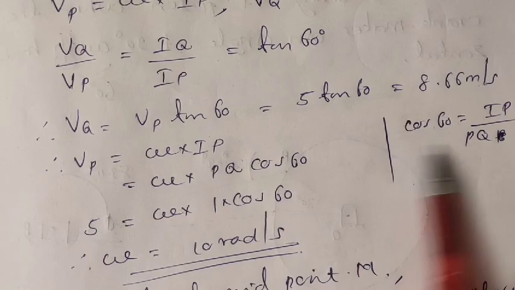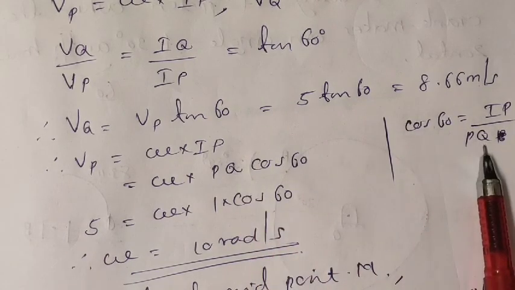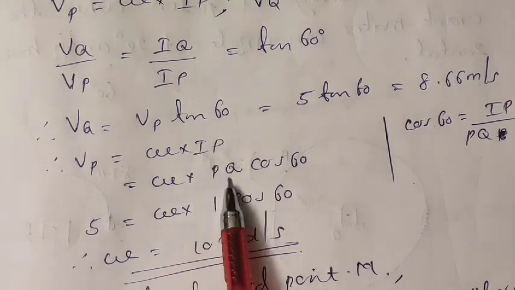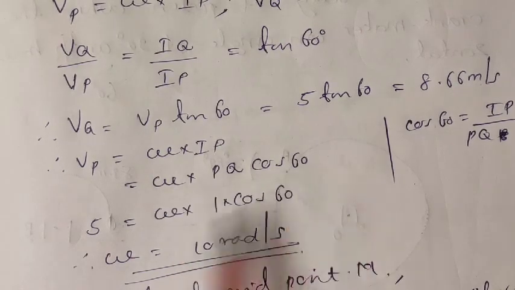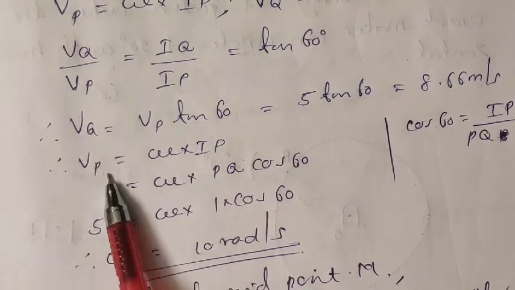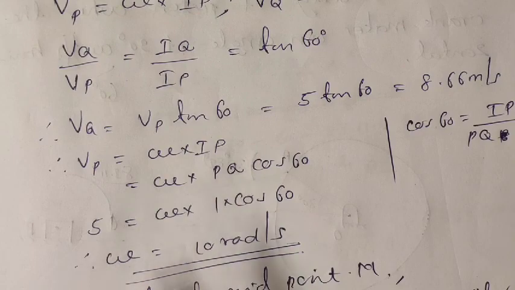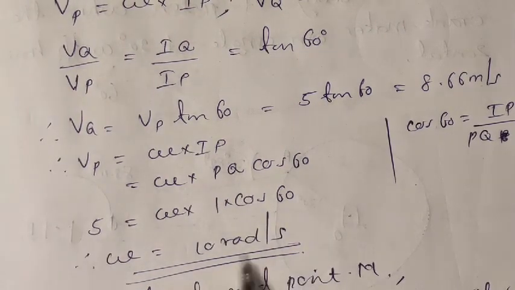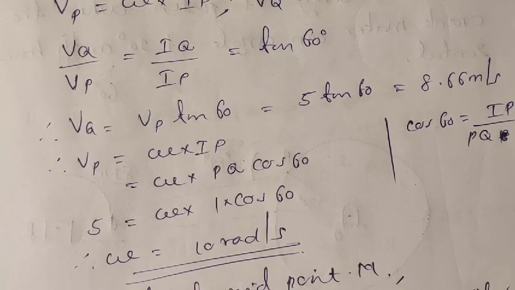So IP is PQ cos theta. Then 5 equals omega into PQ, which is 1, the length of the bar, into cos theta. Then omega equals 10 radian per second. So we got the angular velocity, omega, as 10 radian per second.